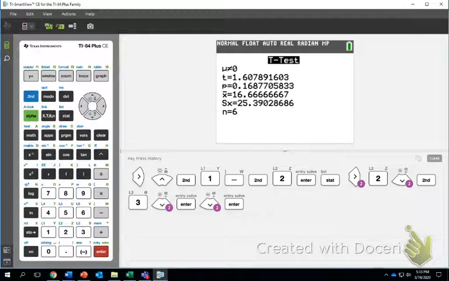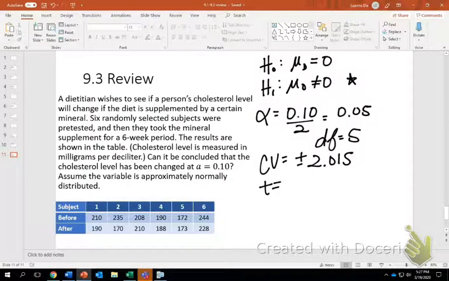So if you ever end up with something really close but you're off by 1 decimal, that's usually because one person used a calculator and another did it by hand. So now I can write my answer, 1.608. That is my test value.